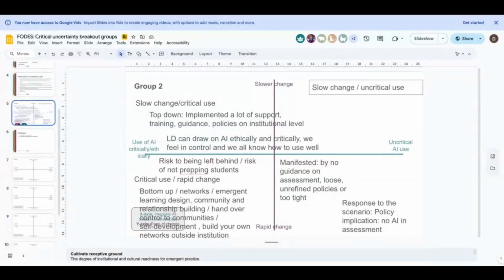So I'm just trying to think, when we talk about policies, right? As much as previously I spoke about these loose and undefined policies, sometimes having a loose policy that is clearly thought out would fit in a slower change and critical AI usage, but it would have a long-term effect.